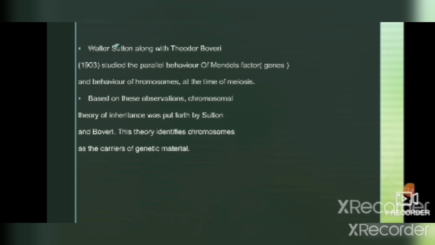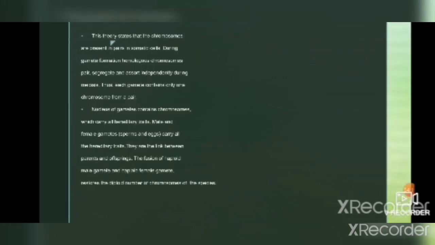Based on these observations, the chromosomal theory of inheritance was put forth by Sutton and Boveri. This theory identifies chromosomes as the carriers of genetic material.